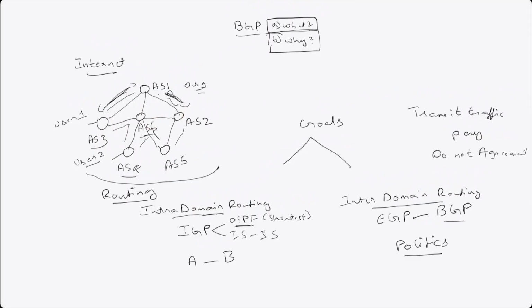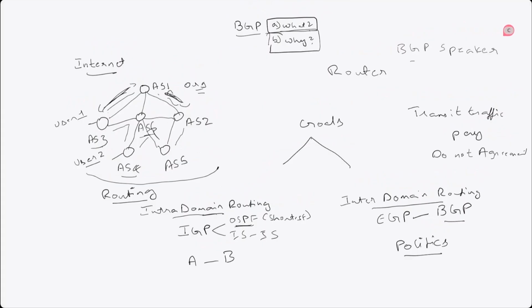And when we look at within an autonomous system, the router that implements the BGP routing process is called a BGP speaker, right?